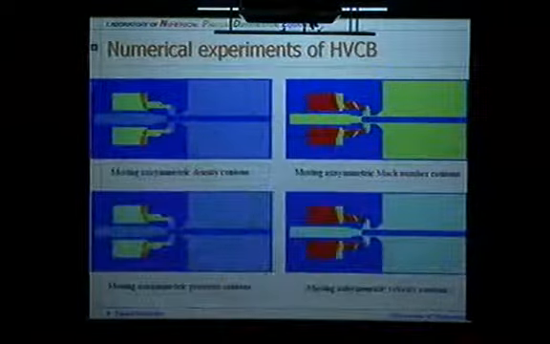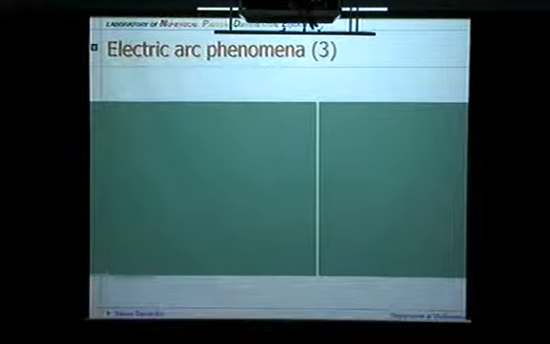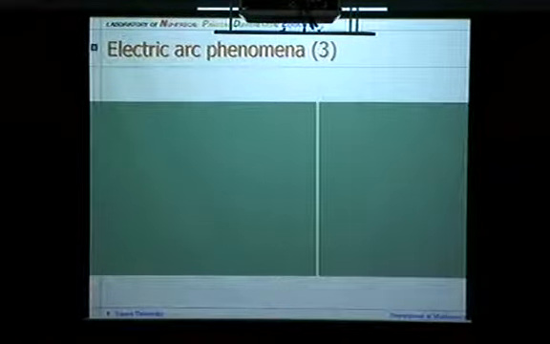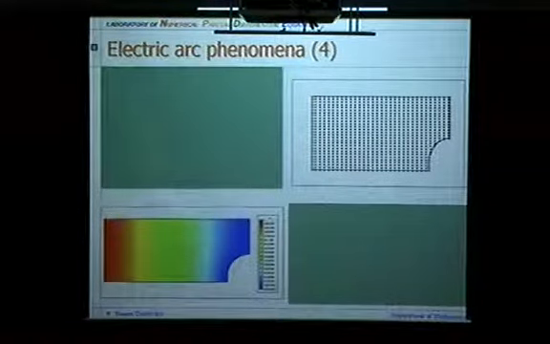I think I have shown most of our simulations, and it seems our pictures are missing here. This is the geometry. This is the mesh which we made on this electric arc. Each node has some basis functions, as I said, and we solve the Poisson equations.